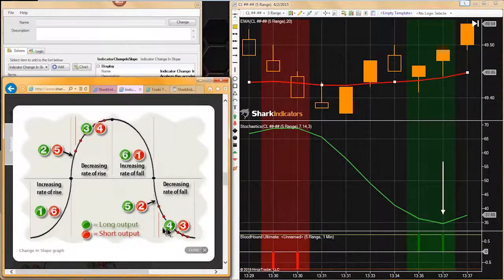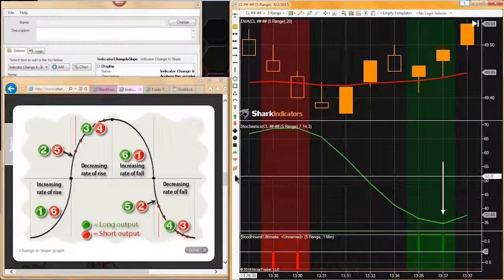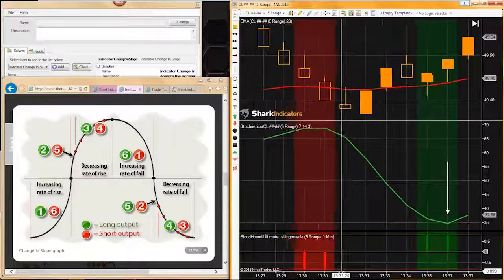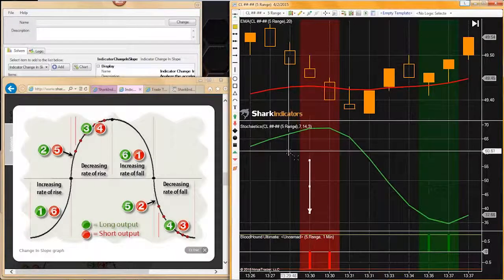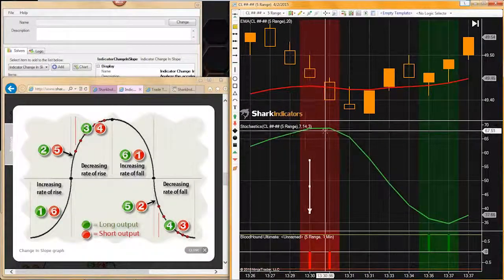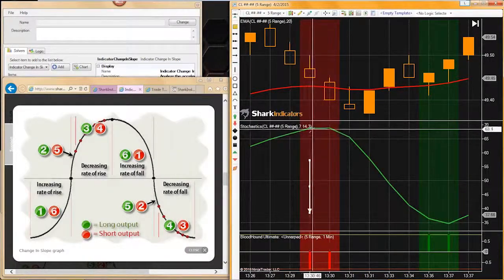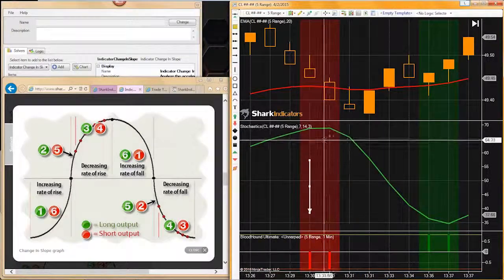So on the long side, number 4 is when the indicator is decreasing but flattening out. And for a short output, it's when our indicator is rising but beginning to flatten out just before it rolls over and turns down. As we look at the chart here, the way I have this set up now, our stochastic is still pointing up, but it's right at that point where it could roll over any moment.